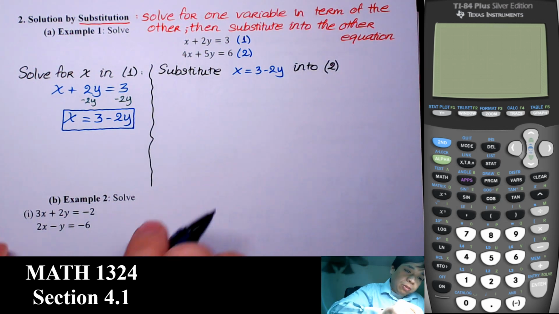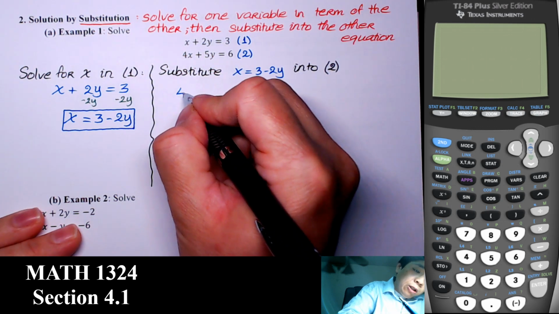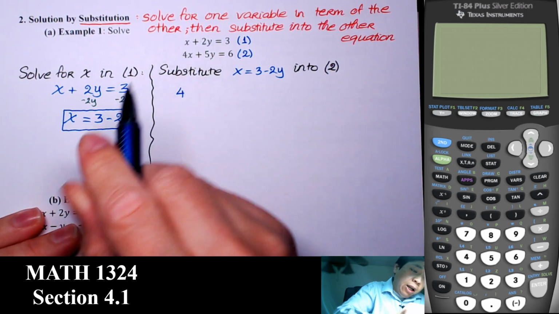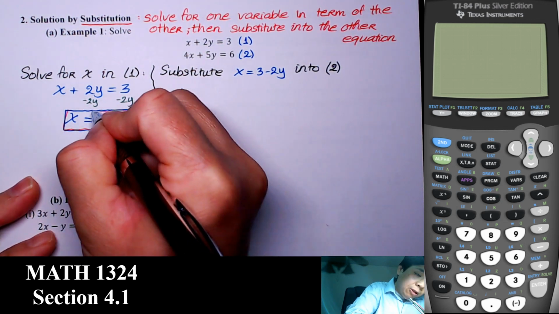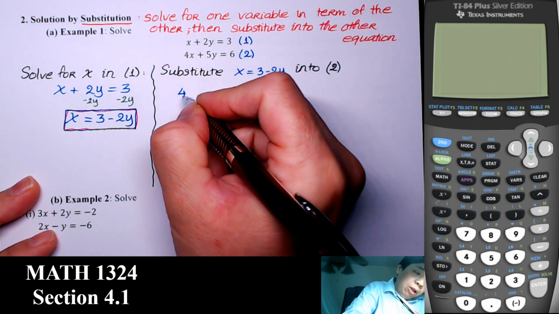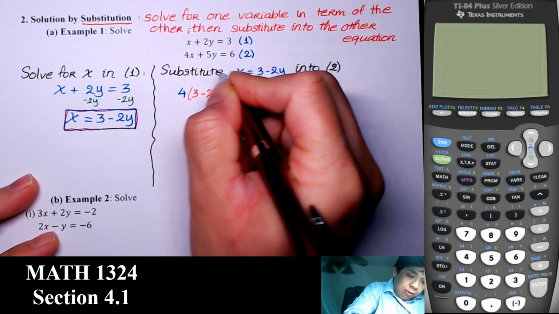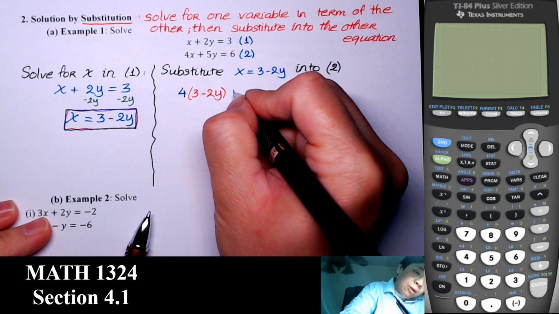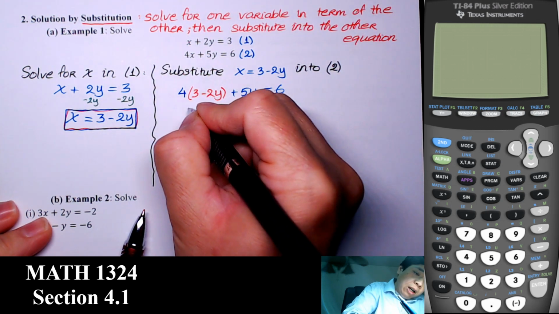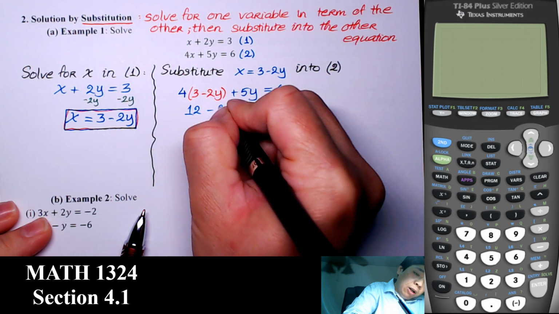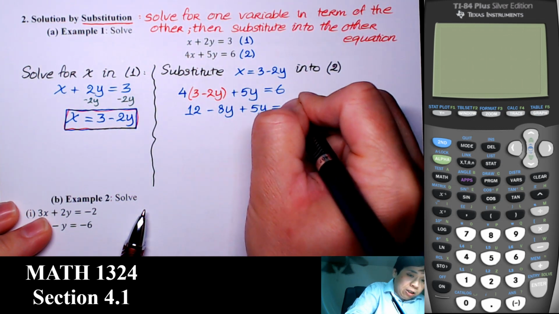Right, so equation 4. And now we have x is 3 minus 2y, plus 5y equal to 6. Multiply that out: 12 minus 8y minus 5y equal to 6.